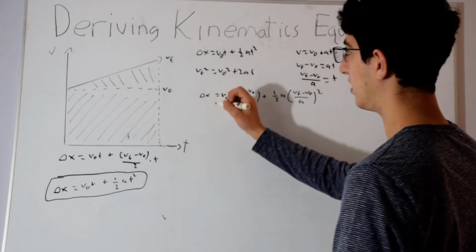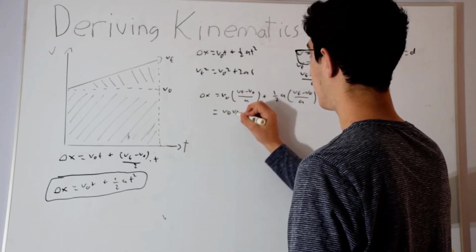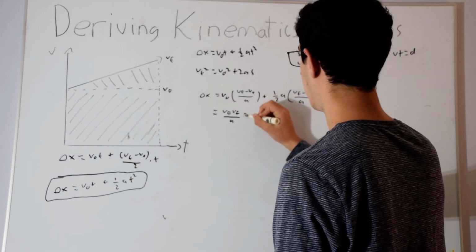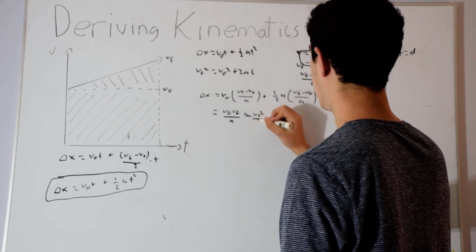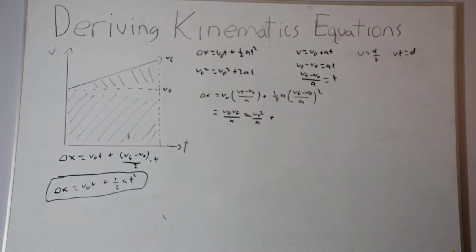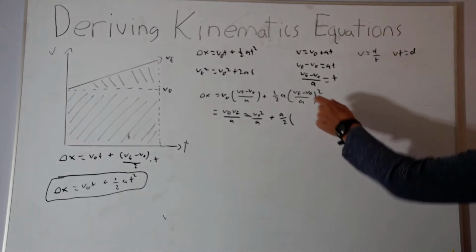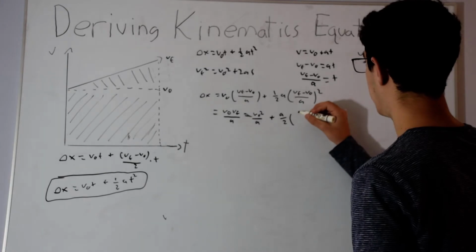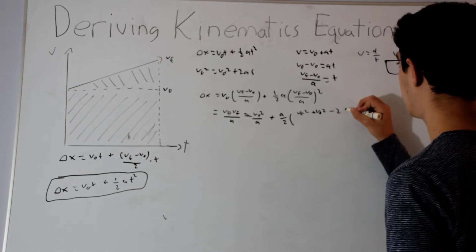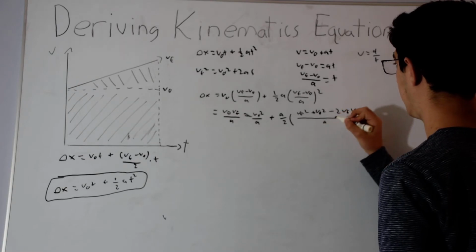And I'll just write equals instead of writing change in x again. v0 v final over a minus v0 squared over a plus, and it's going to be a over 2 times, and I'll square the top and I'll square the bottom, so v final squared plus v0 squared minus 2 times v final v0, all over a squared.